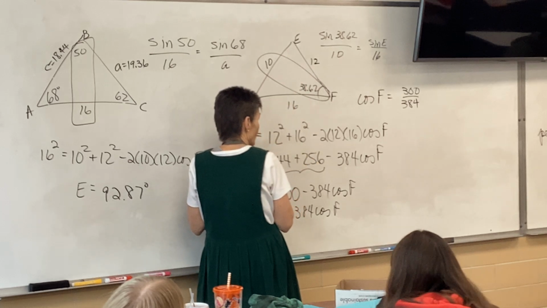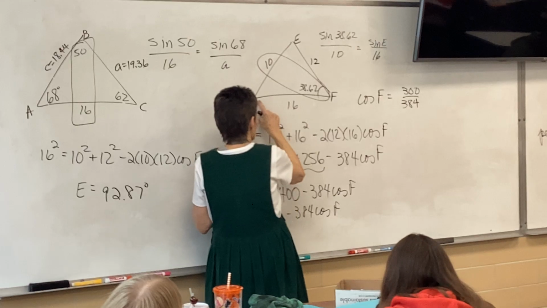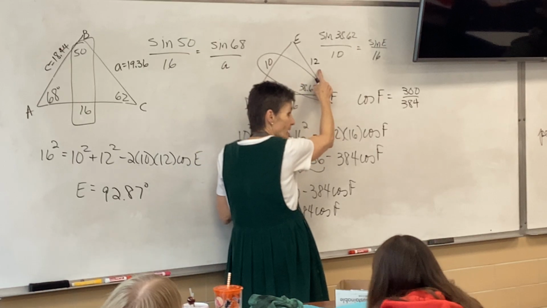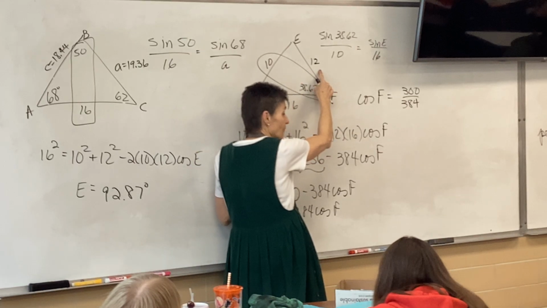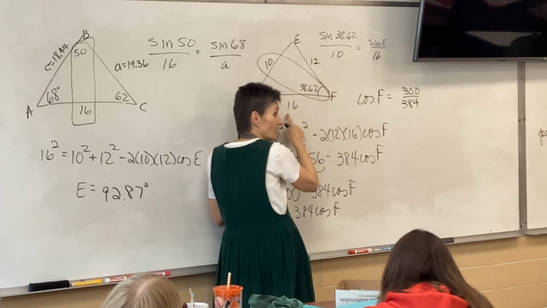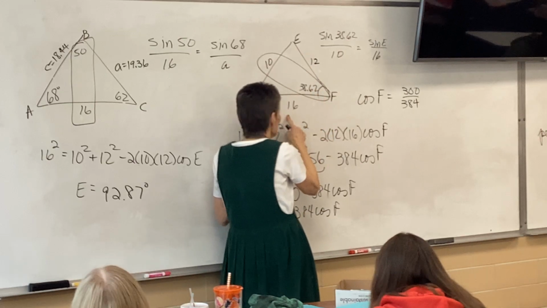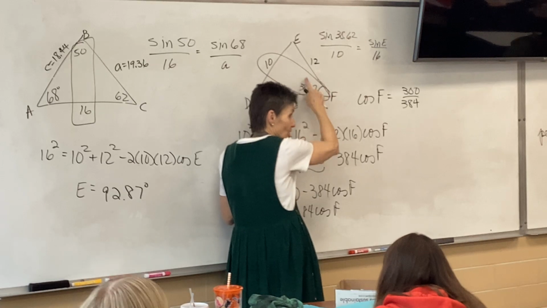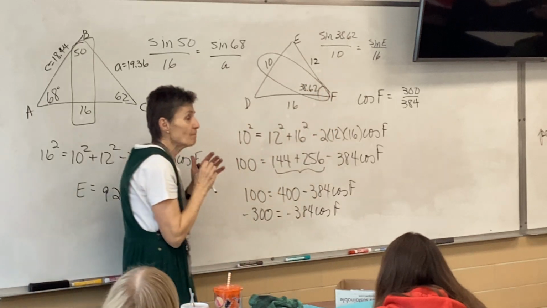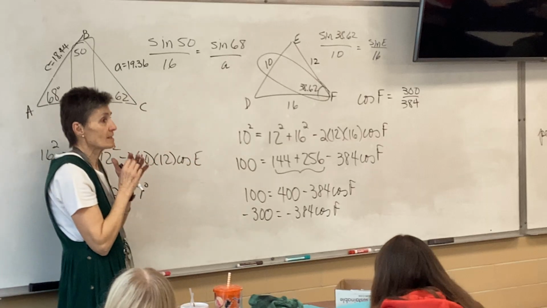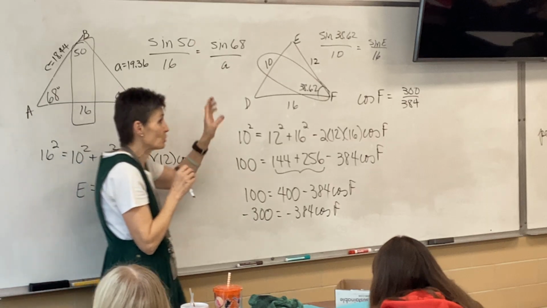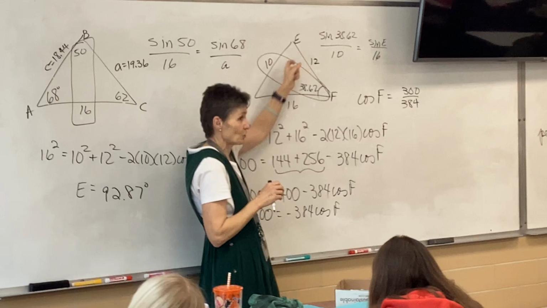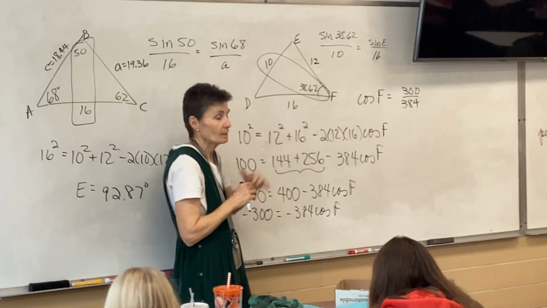What's my clue? 12. Side D goes with 12, but side E goes with 16. So D is going to be smaller than E. So if you're going to use the law of sines, and you have a choice, and she had a choice, she could have picked D or E, pick small.